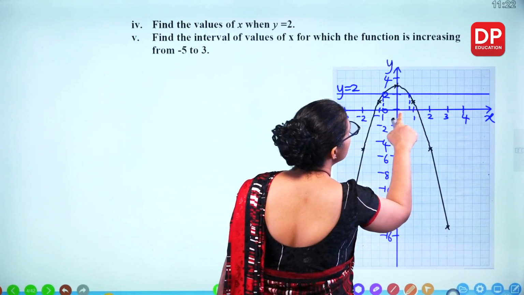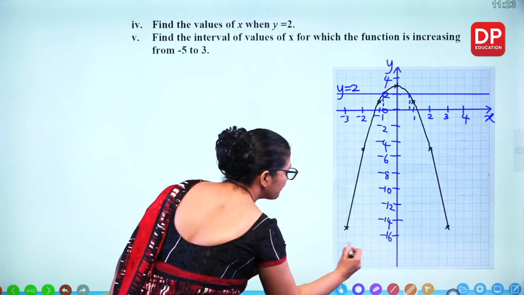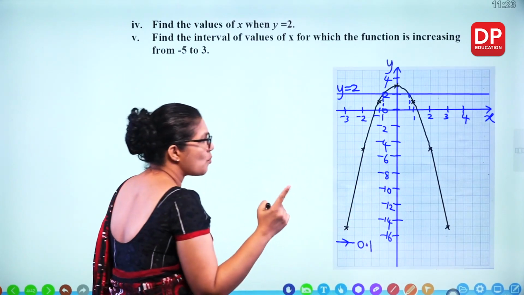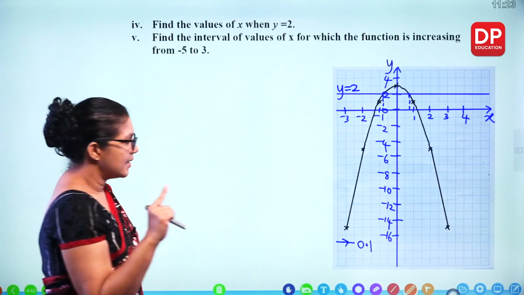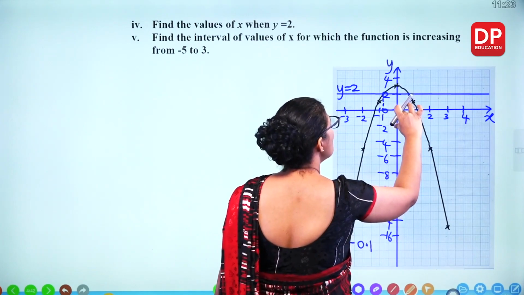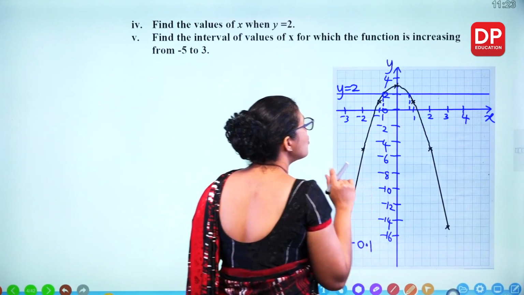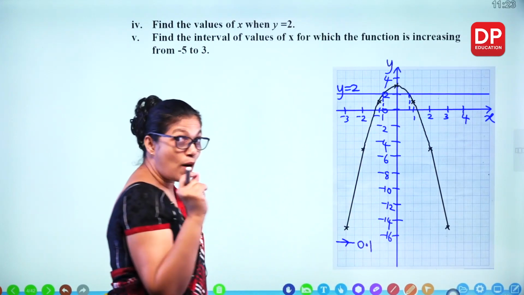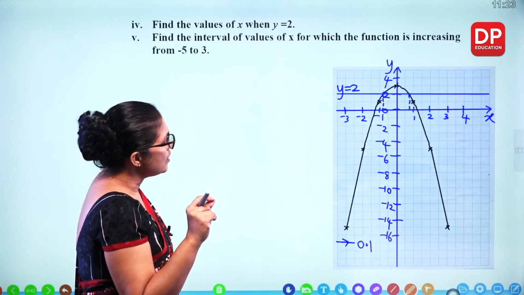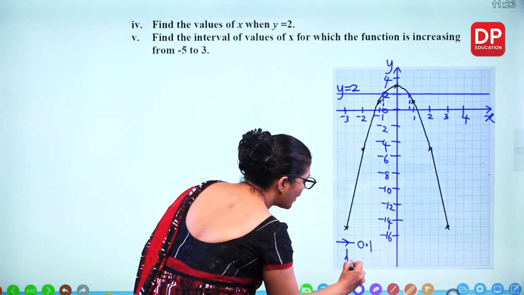So here one small square, this way is 0.1 because 1 over 10. And when you take this way, 2 represent 1 small square. So 2 over 10 means 0.2. So this way 0.2.